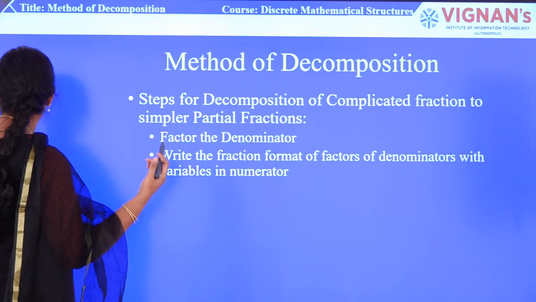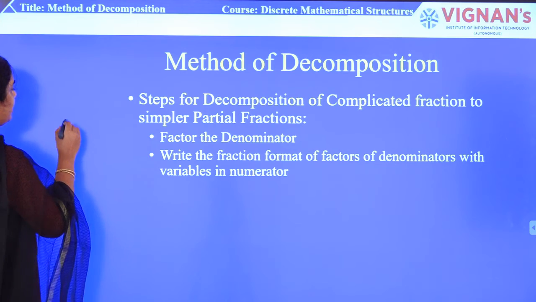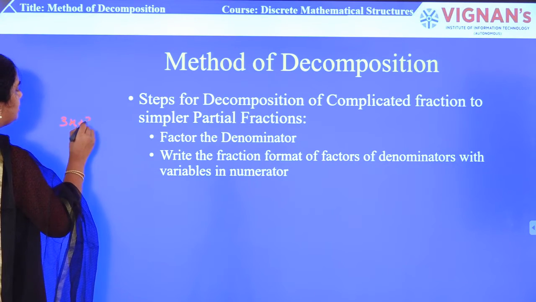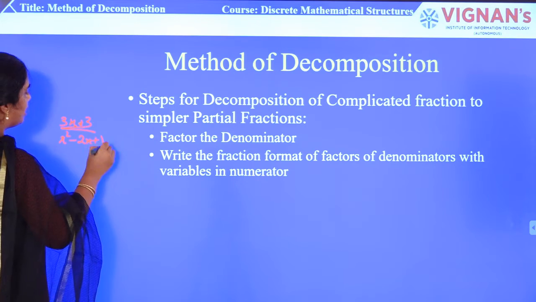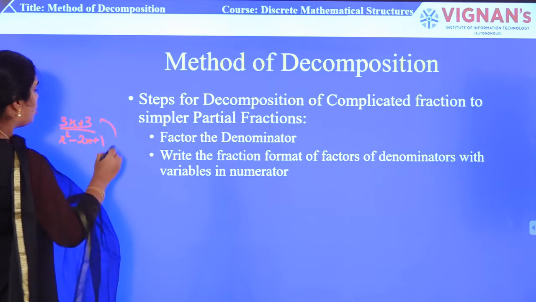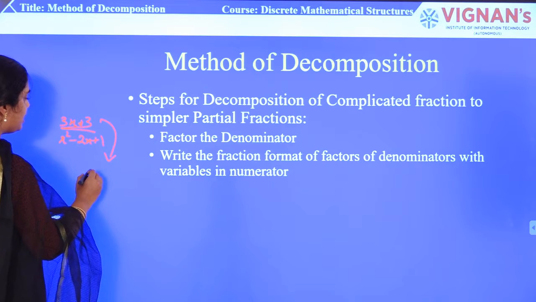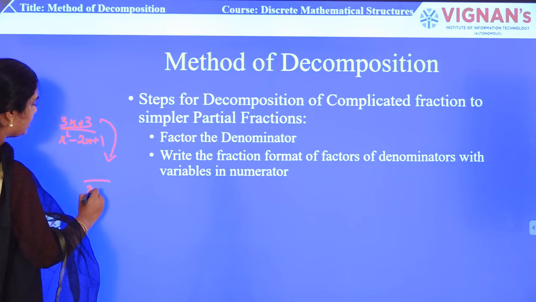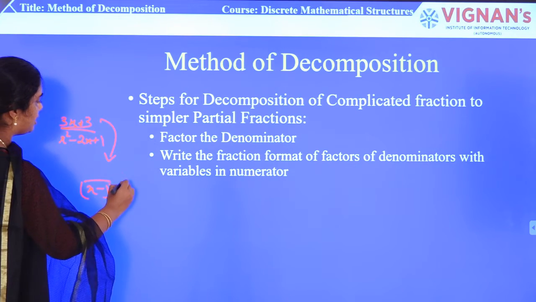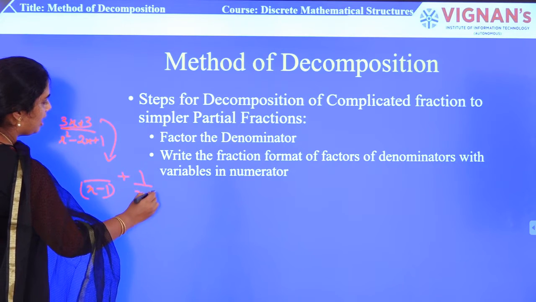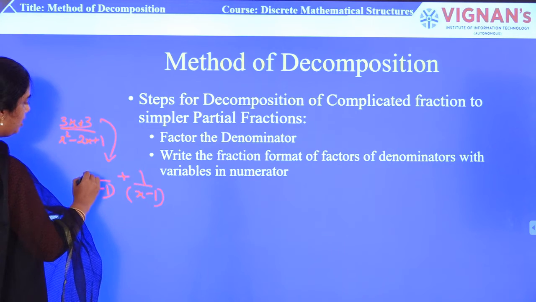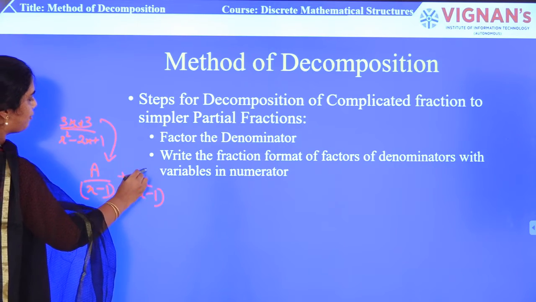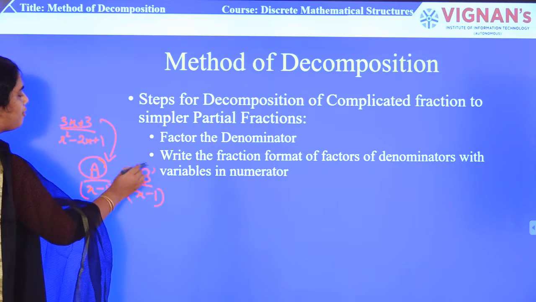The second one is we need to write the fraction format of the factors of the denominator with variables in the numerator. This is a little confusing, right? It is nothing but, if you are given 3x plus 3 by x square minus 2x plus 1, something given in this way, then to solve this, the first initial step is that you need to write it in the form of fractions. You need to write it in this way, and in the numerator you need to write certain variables because you don't know the values of a and b.